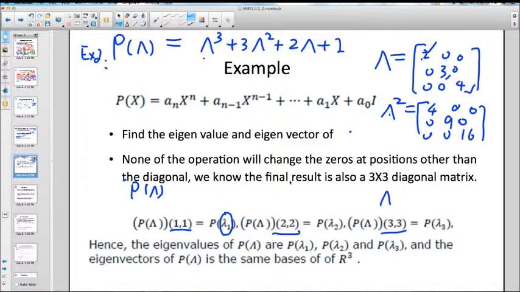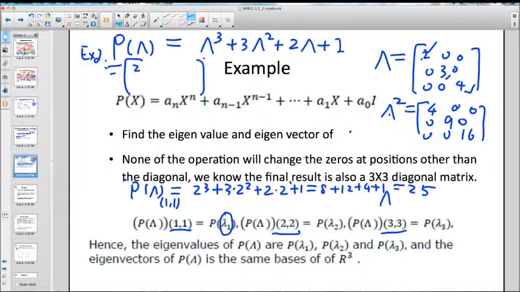I'm going to put the first element in here as 1, 1, which is going to be 2 cubed plus 3 times 2 squared plus 2 times 2 plus 1. What is that? 8 plus 12 plus 4 plus 1, that's 25. See? So your result of this is going to be 25 here.